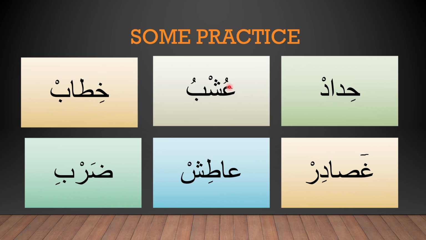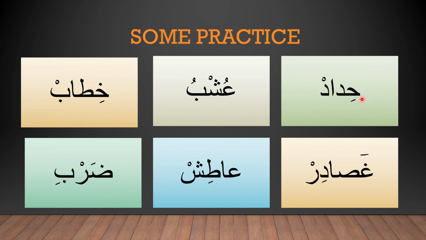Ain, dhamma, u. Sheen, sukoon, sh, ush. Ba, dhamma, bu, ush, bu. Kha, kasra, khi. Ta, alif, ta, khita. Ba, sukoon, b, khitab. Ghain, fatha, gha. Sad, alif, sa, ghasa. Dal, kasra, ra, sukoon, dir. Ghasadir. Ain, alif, a. Ta, kasra, sheen, sukoon, tush, atush. Dad, fatha, ra, sukoon, dar. Ba, kasra, bi. Dar, bi.